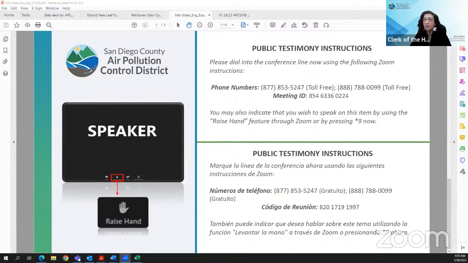However, if there are any members of the public on the teleconference line wishing to address the board under non-agenda public communication, please raise your hand now by pressing *9 or using the raise hand feature on Zoom. Seeing no hands raised, there are no members of the public wishing to provide non-agenda public comment this morning.